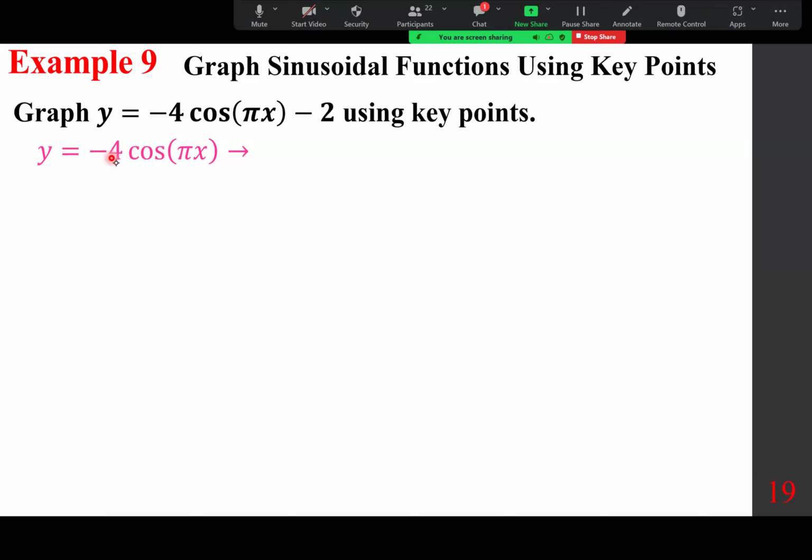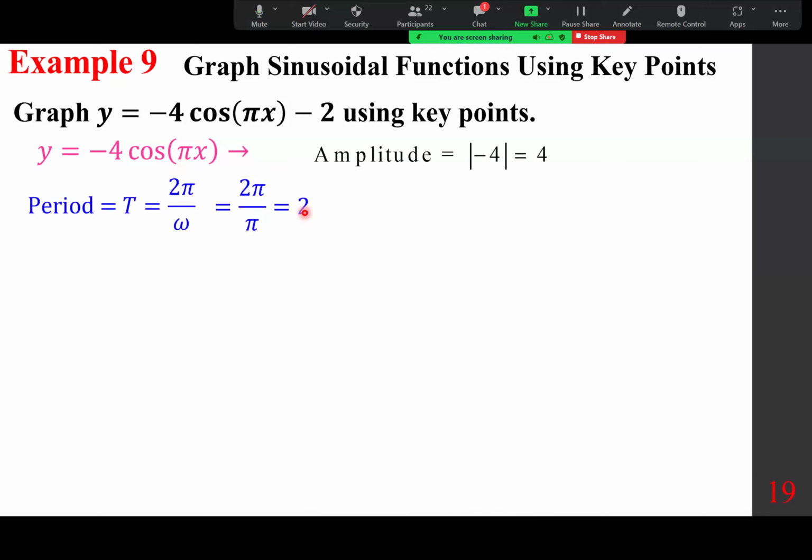Amplitude, the absolute value of -4, which makes it +4. Period, 2 pi divided by omega, 2 pi divided by pi, which makes it 2. Divide this by 4, you get 4 equal parts, 1/2.